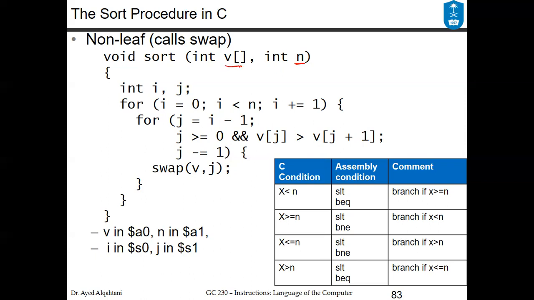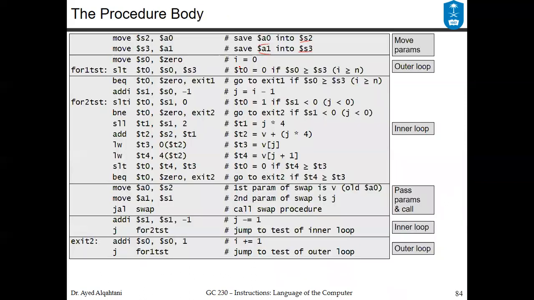And this is the array V. So we know that the base register of the array is in A0, and we moved it to S2. And the size of the array is in S3. Notice that we use the pseudo instruction move, which is built using add immediate.